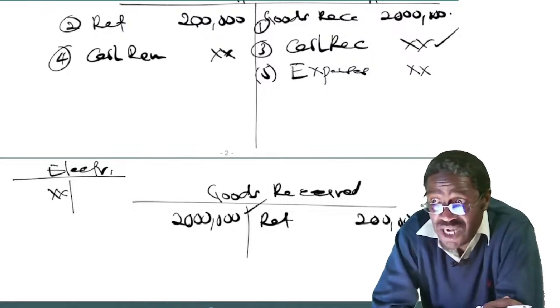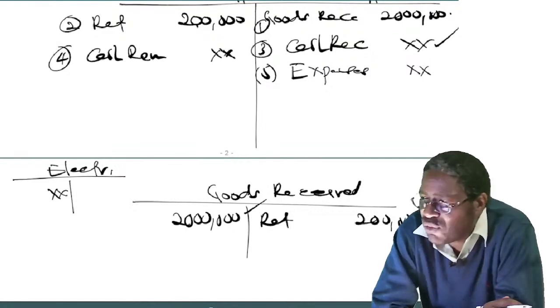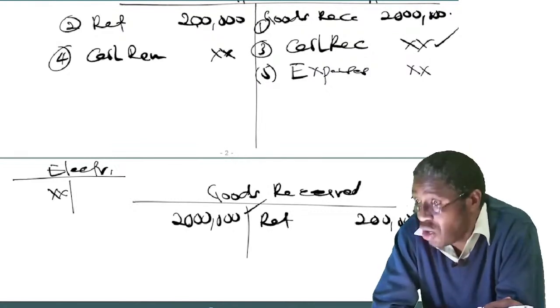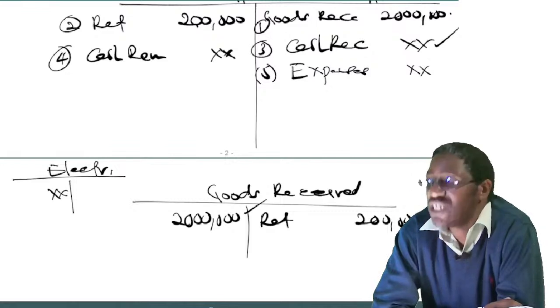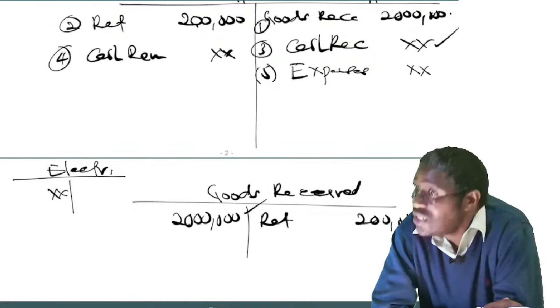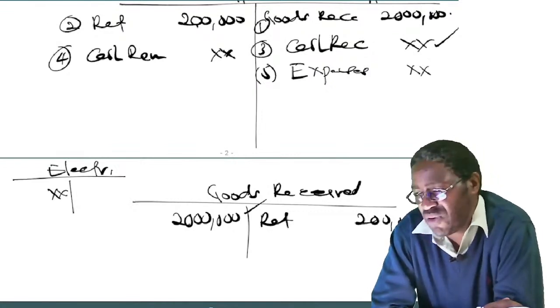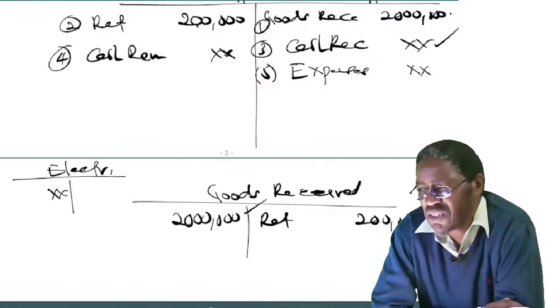So you as a branch, you debit electricity or water or insurance or telephone, whichever the expense, because it's your own cost, and you credit head office current account. I've told you why you must increase what you owe to your head office. That's number 5.